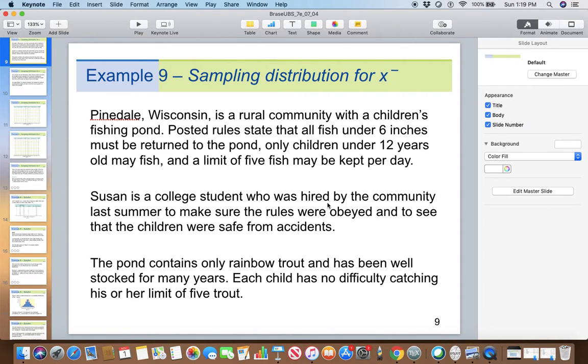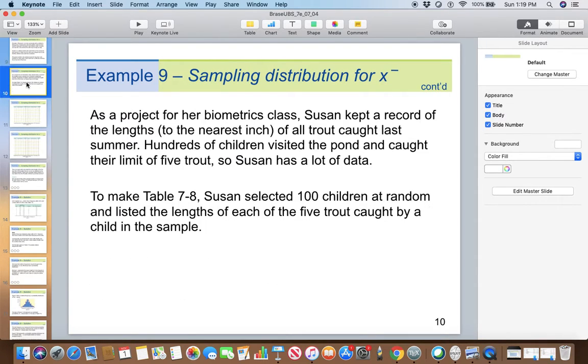Susan is a college student who was hired by the community last summer to make sure the rules were obeyed and to see that the children were safe from accidents. The pond contains only rainbow trout and has been well stocked for many years. Each child has no difficulty catching his or her limit of 5 trout. As a project for her biometry class, Susan kept a record of the lengths, to the nearest inch, of all trout caught last summer.